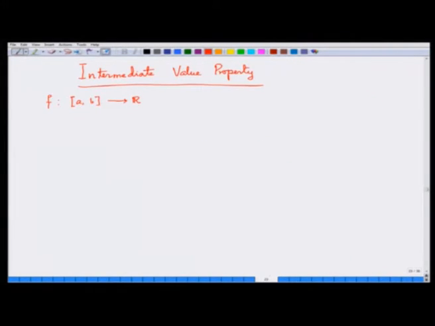It says, okay, let us have a function like this, and let lambda be an element of R such that lambda lies between f(a) and f(b), because I do not know whether f(a) is bigger or f(b) is bigger, whatever it is.